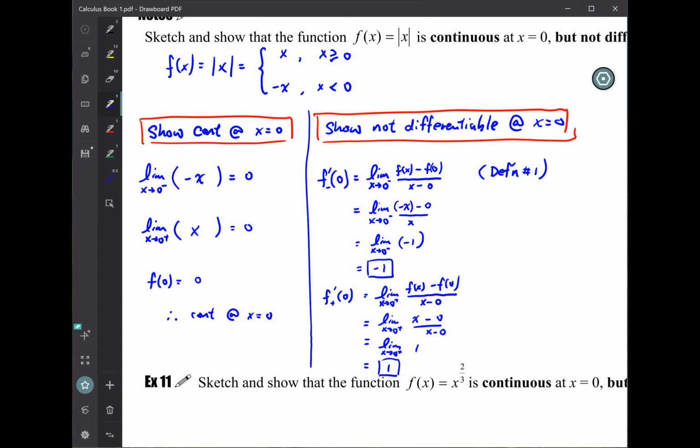Okay, so the slope coming from the left and the slope coming from the right, the limit does not equal each other. So that means we don't have a consensus, right? The two sides, they don't agree, kind of like the limit. Checking left limit, right limit. If the limit doesn't exist, that means the derivative doesn't exist.